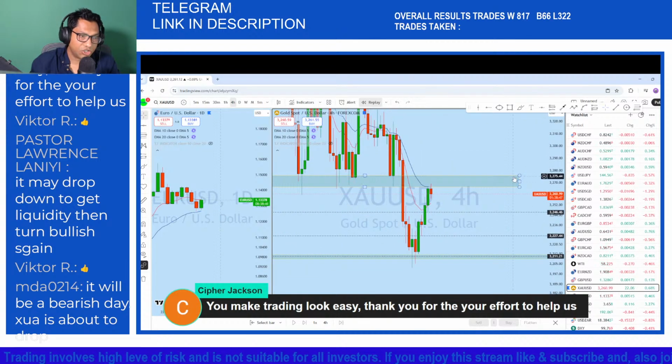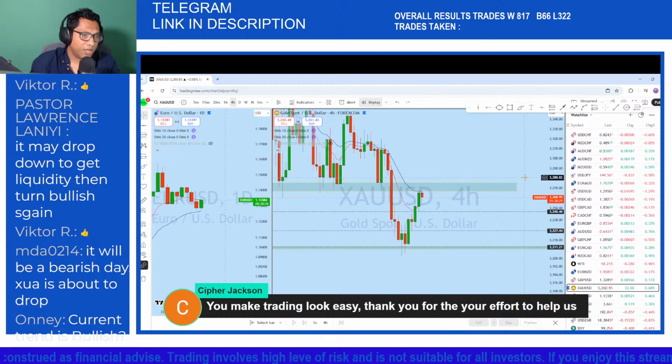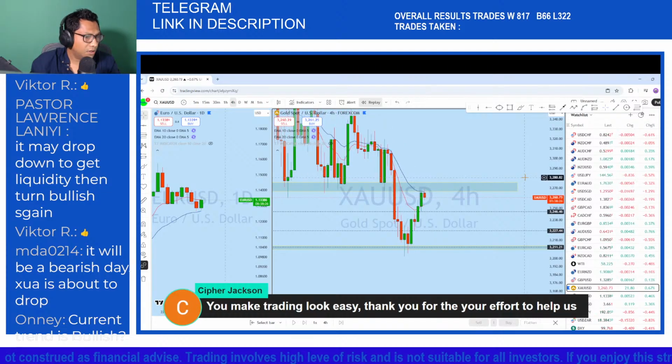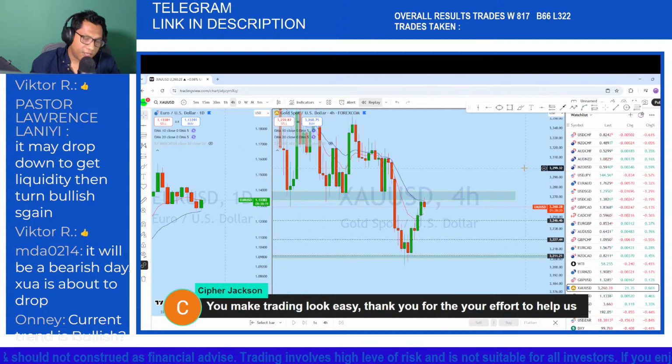Once you understand the directional bias, you can easily enter the trade with proper risk management, set your trade with a bigger profit target, and keep winning the majority of your trades.